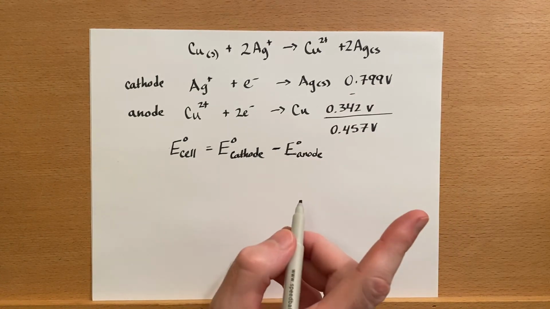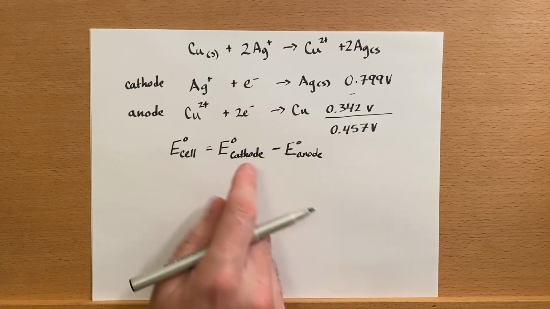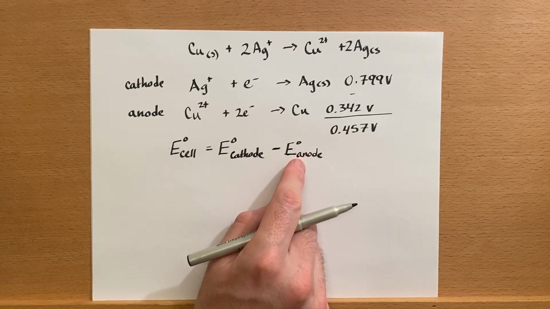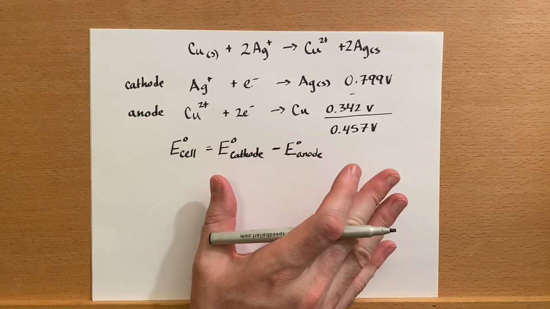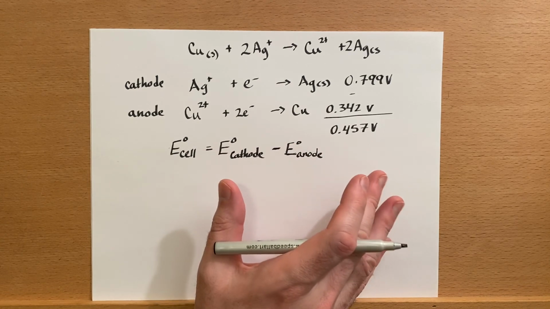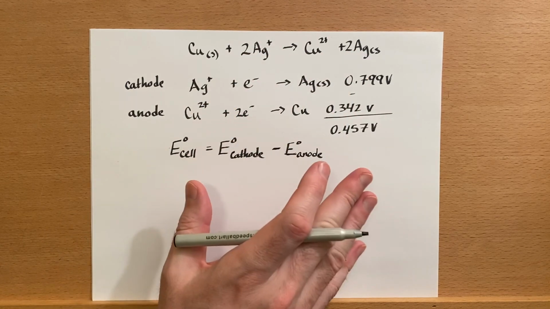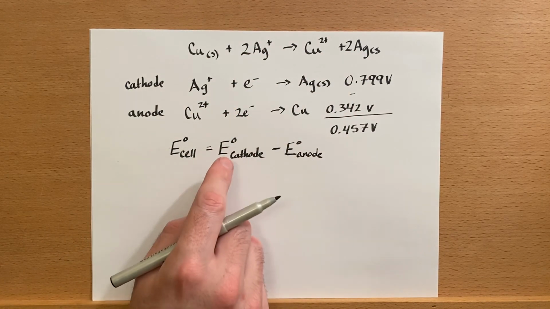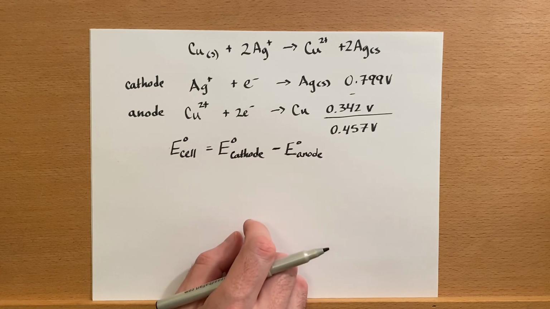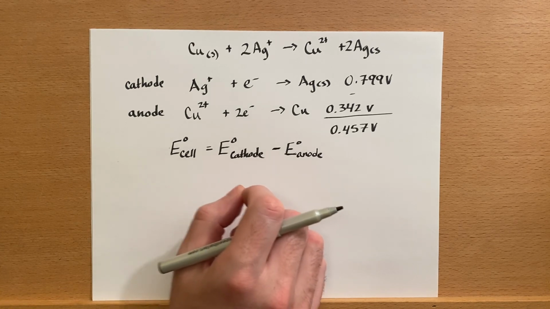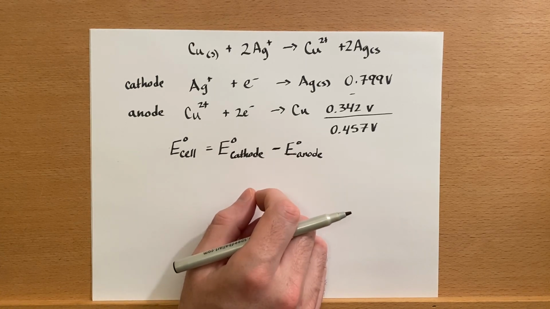Simply do a subtraction of cathode minus anode. Again, no stoichiometry tricks involved in here. Even though we use 2 silvers here, we don't have to put that in, simply cathode minus anode.